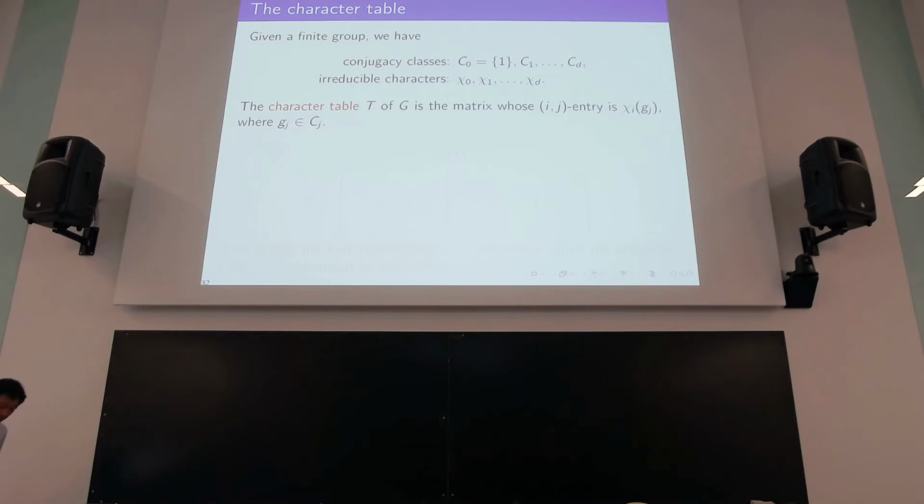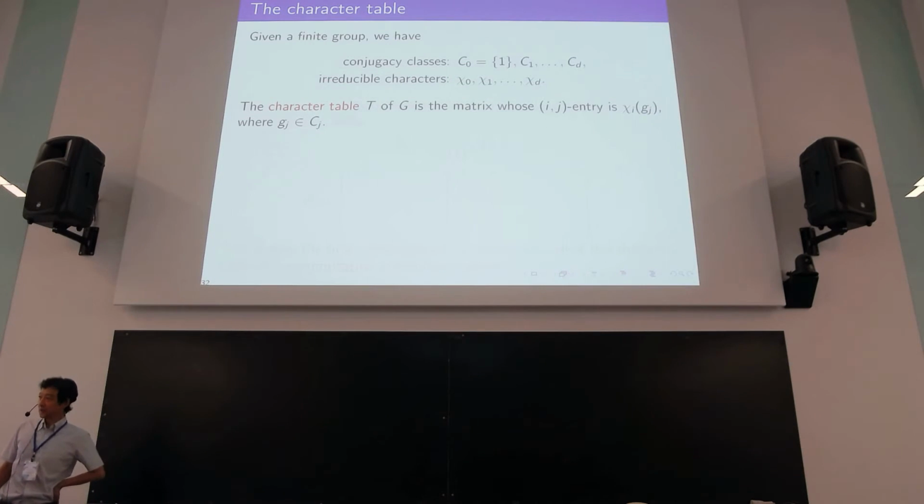So we are now ready to discuss the character table of a group. A character table of a group is just a square matrix which tabulates all possible values of characters. We have the conjugacy classes, and I didn't say how many irreducible characters you have, but certainly in the decomposition of the group algebra, because it is a commutative algebra, we have the same number of idempotents as the adjacency matrices. The number of adjacency matrices is the same as the number of conjugacy classes.